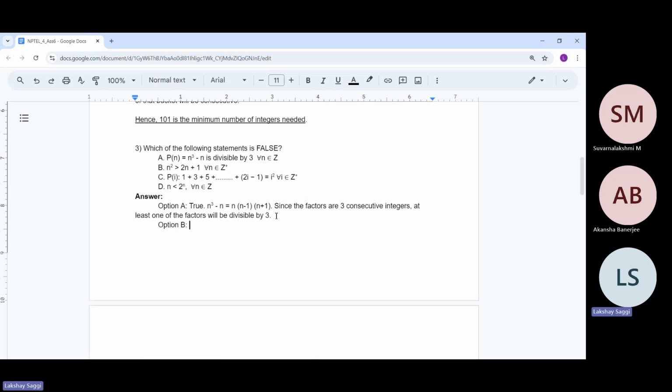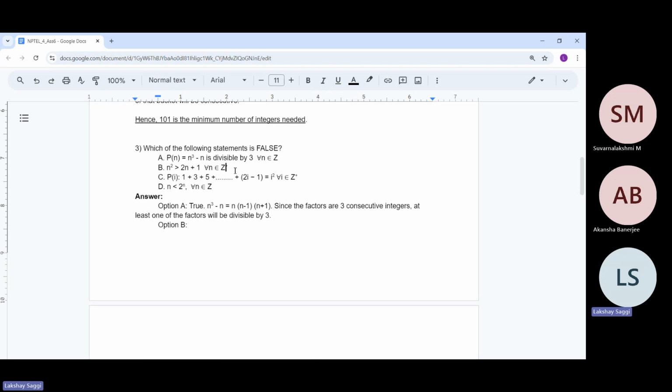Now let's move on to option B. Option B says n squared is greater than 2n plus 1 for all n belonging to Z plus. And Z plus is basically the set of positive integers. Let's just assume that Z plus denotes the set of natural numbers.